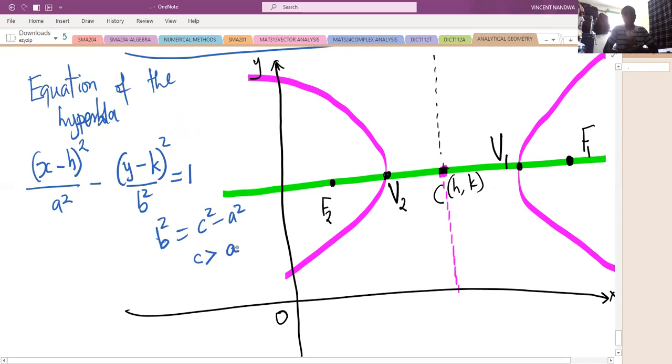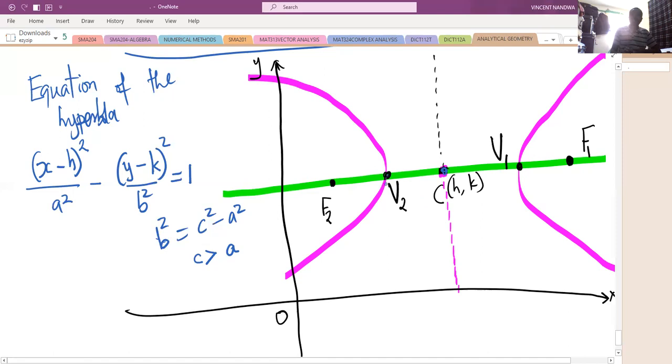So that's the equation. And then the next thing we'll be interested in is the coordinates of the vertices. From this diagram, we already know that the distance from the center to any of the vertices is always a units, and the distance from the center to any of the foci is c units, so we can use that to find those coordinates.